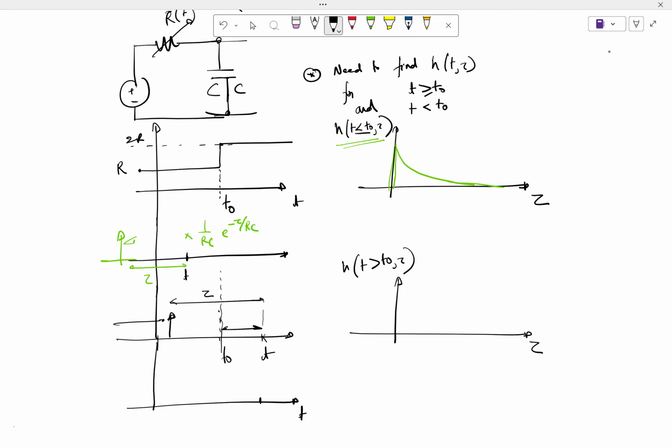So how will it evolve? 1 by RC e power minus that, exactly, right? So the output is going to evolve, and you are going to observe something like this, where this value will be what? One by RC e power minus this distance.